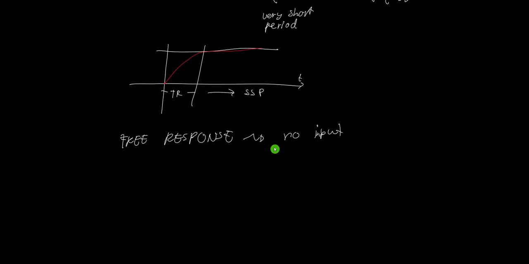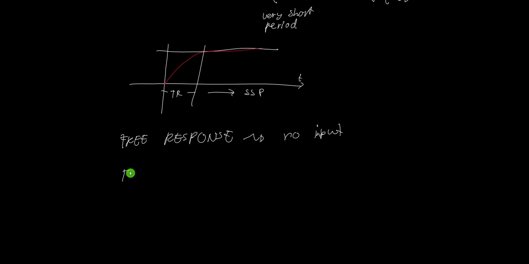This is usually the initial condition, and we make this one equal to zero if we assume that all conditions are zero. For example, in a capacitor, if it's not initially charged, then at t equals zero there's no output, so the free response is zero.